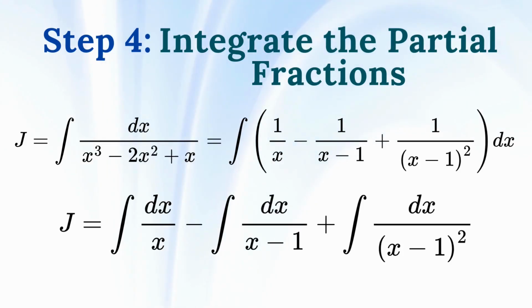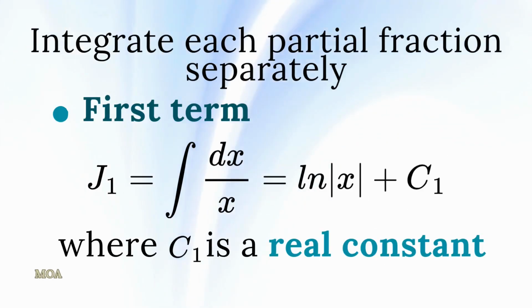Since the integral of a sum is the sum of the integrals, we write J equals the integral of dx over x minus the integral of dx over x minus 1 plus the integral of dx over x minus 1 squared. For more clarity, we integrate each partial fraction separately.